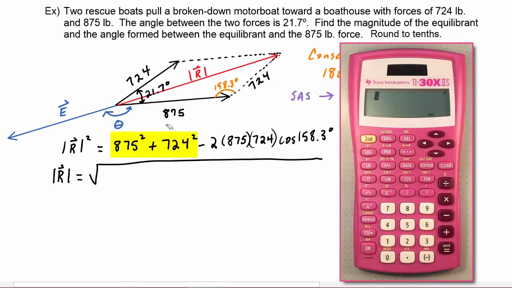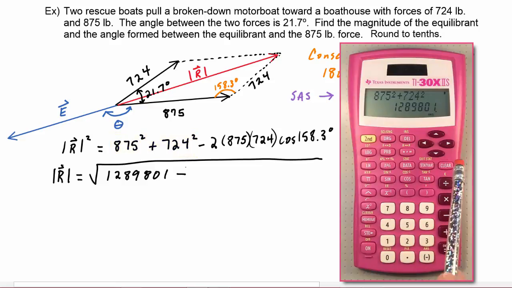Let's add these two together. 875 squared plus 724 squared is going to be 1,289,801, minus 2 times 875 times 724 is going to be 1,267,000.